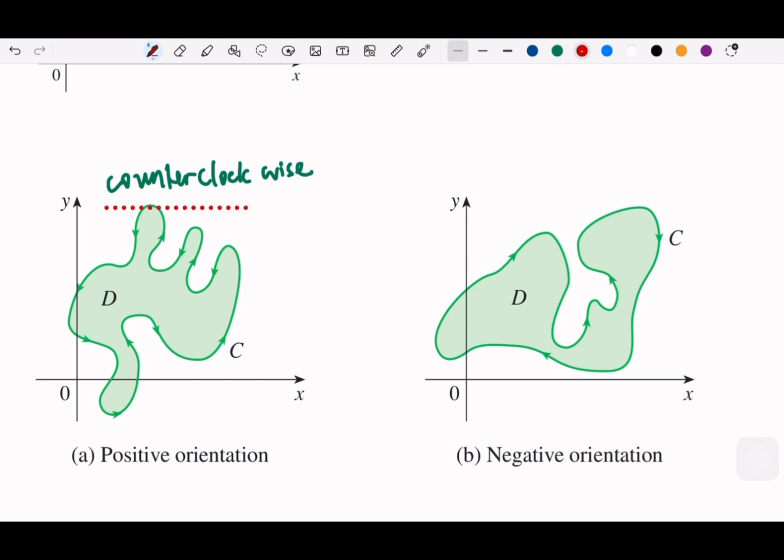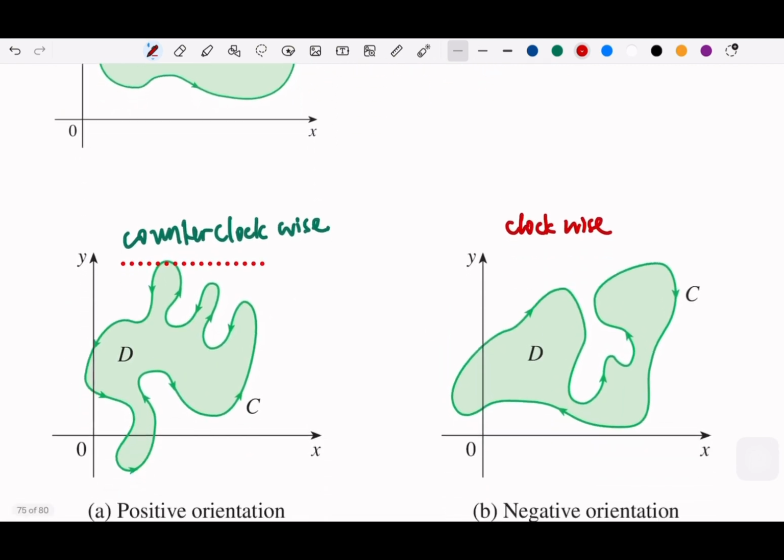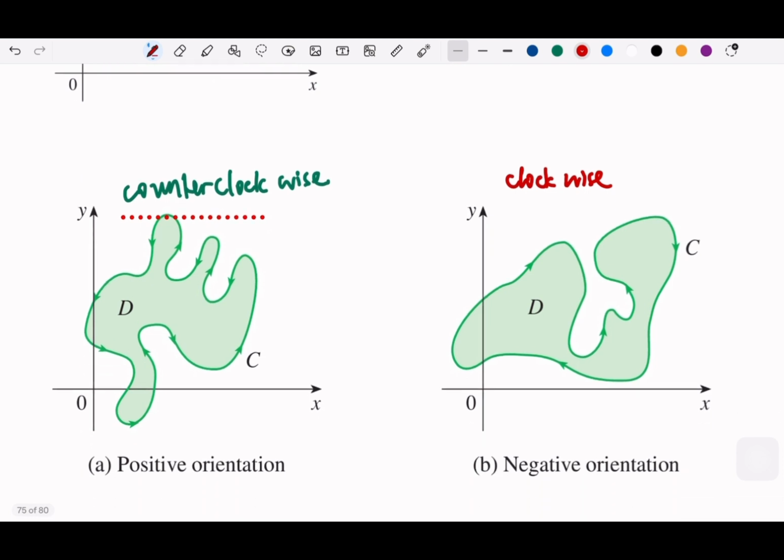Or going clockwise. Okay, we call it negative orientation. Okay, so this is just new terms that we are expecting to have in the future.